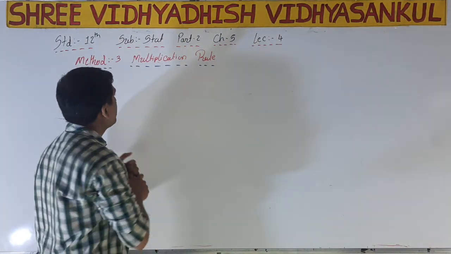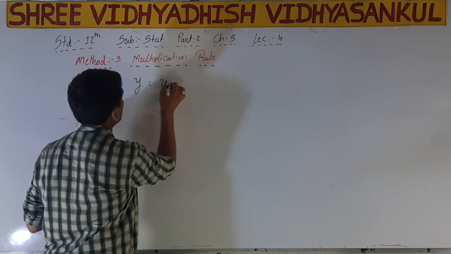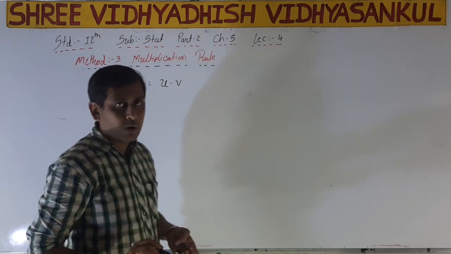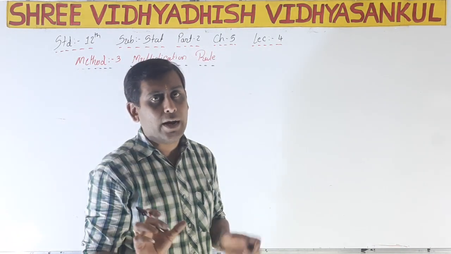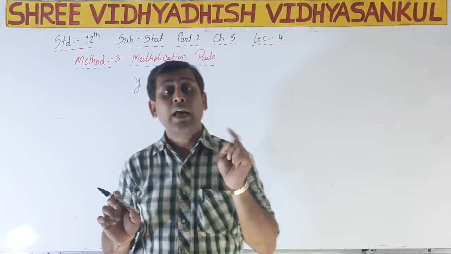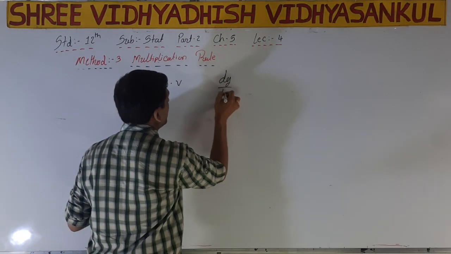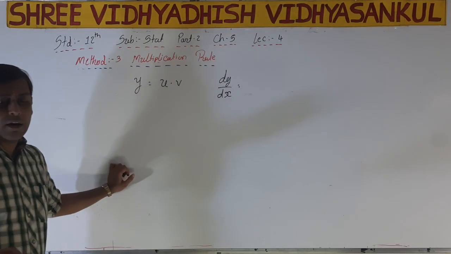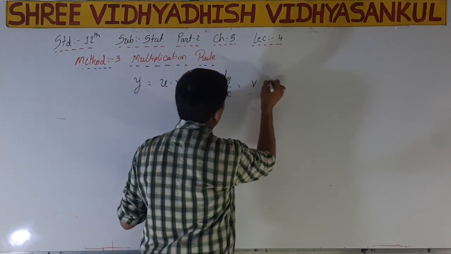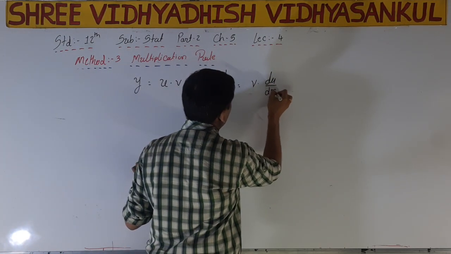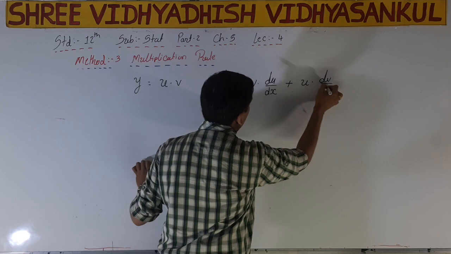What is the formula? Suppose y is equal to u into v. U is one bracket, v is one bracket, and we have to multiply those two brackets and find the differentiation, that is dy by dx. So for that the rule is there. We have to write down the rule: v into du by dx plus u into dv by dx.